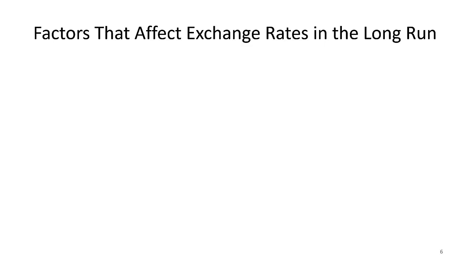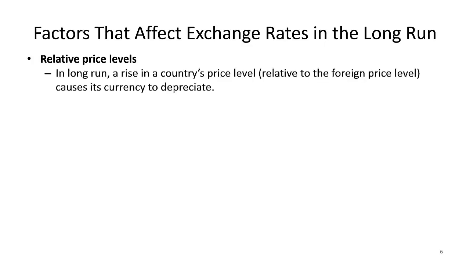Obviously, the first one is the relative price levels. That means if, say, US prices are going up and the British prices are staying the same, that means the price of US goods has gone up. So in the long run, a rise in a country's price level relative to the foreign price level causes its currency to depreciate. Why is this so? Think about it.